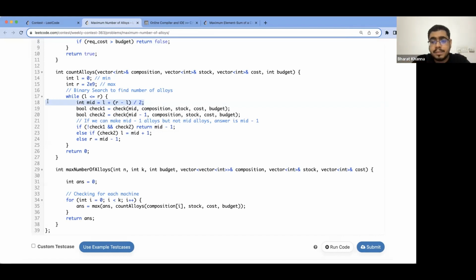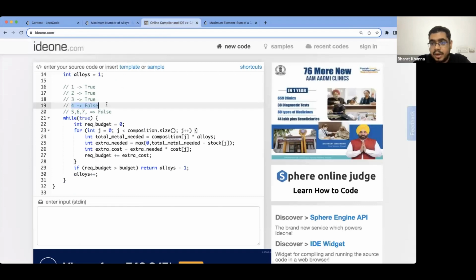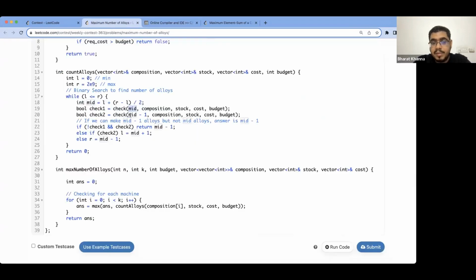Okay. Next step, I have called a function to check if this many alloys we can make. So it returns true or false. Then can we make this much? Again, true or false. So if we can make alloys equal to mid minus 1, but we cannot make the alloys equal to mid, इसका मतलब क्या है? 4 नहीं बन रहा है, मिड नहीं बन रहा है, पर मिड minus 1 बन रहा है, तो मतलब मिड minus 1 आंसर है.